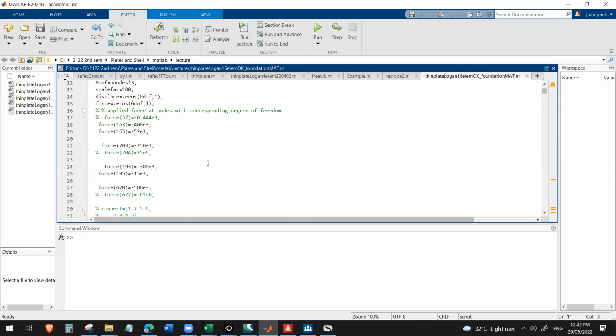Again, I showed before that it's the same code I made in SMAT, right?